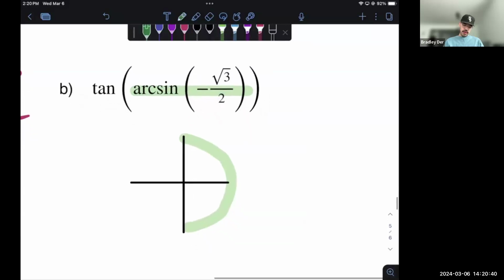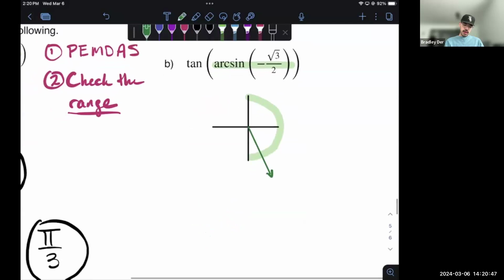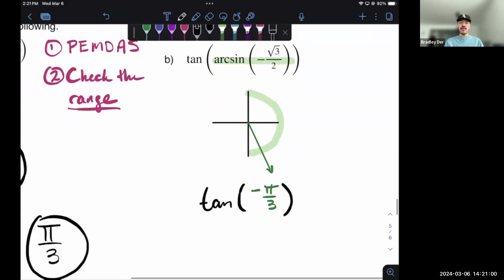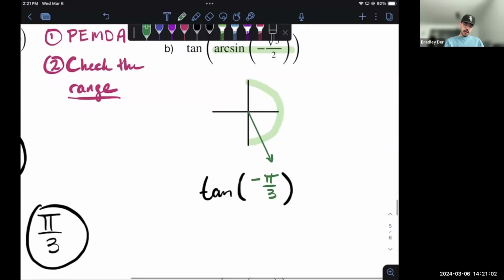I want a sine value of negative root 3 over 2. And so that angle measure would end up being negative pi over 3. And I don't think we need to redraw a new diagram for that, because now we just want the tangent value of that angle. So negative root 3.